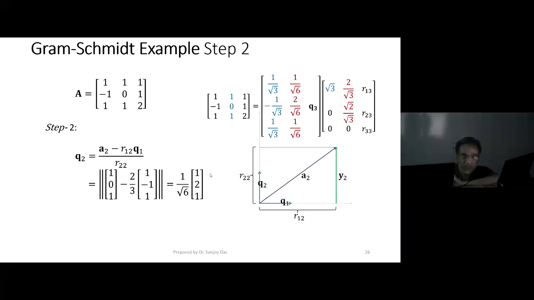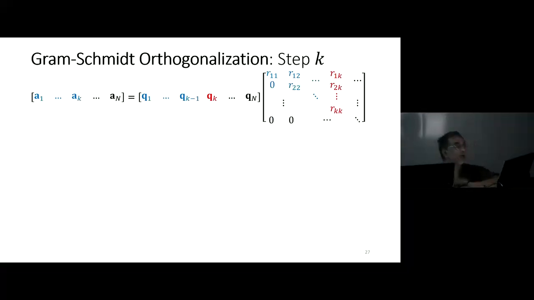Any questions so far? It's trivial, right? Now let's generalize. Step K. I have in step K computed Q1 through Qk minus 1.